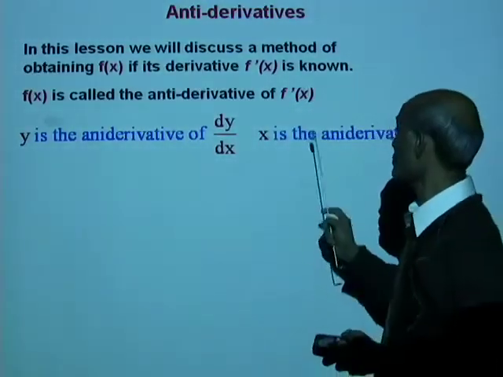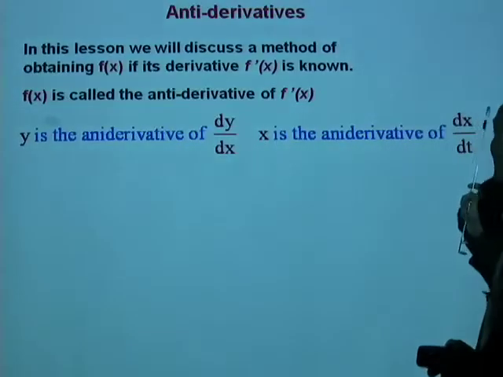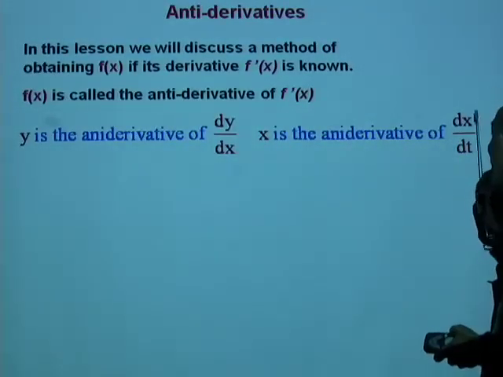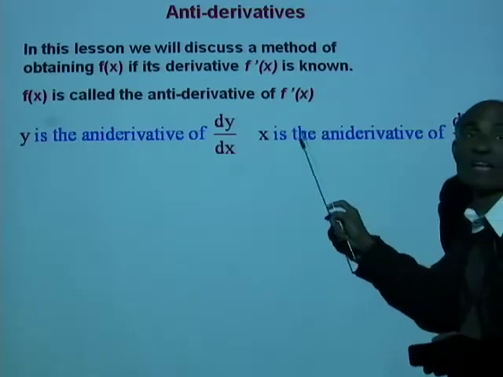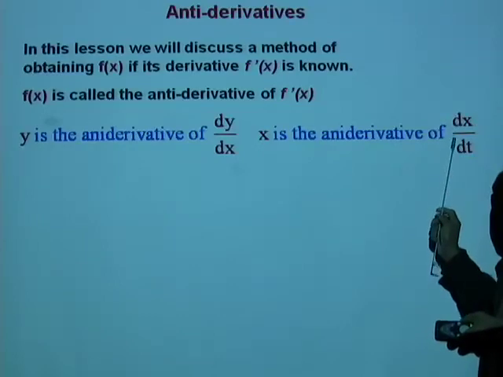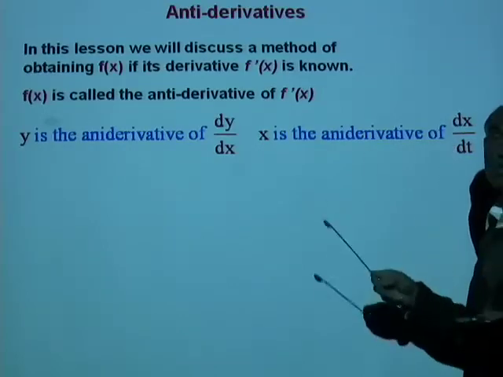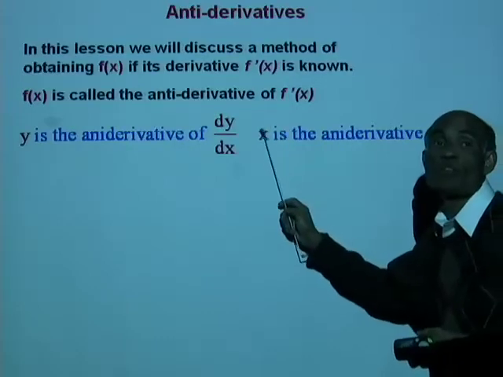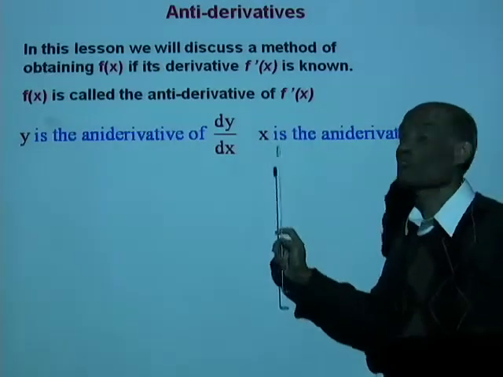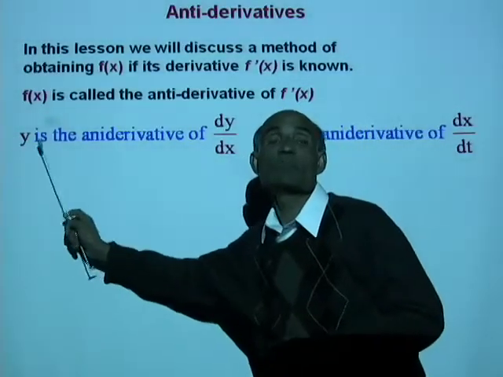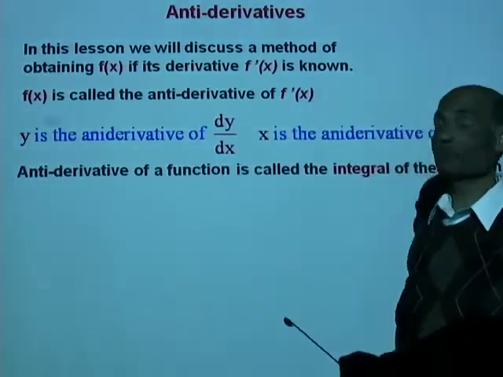So, if dx by dt is the derivative of x with respect to t, then x is the antiderivative of dx by dt. In this lesson, if we know dx by dt, we will be able to find x. If we know dy by dx, then we will be able to find y.